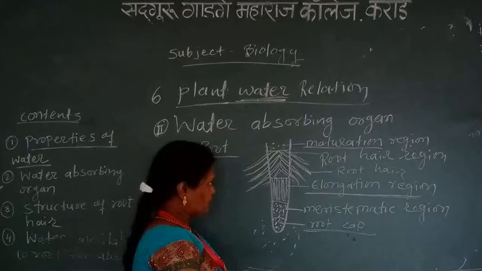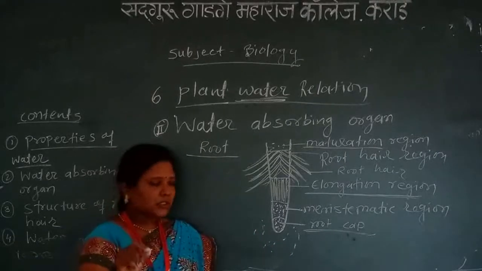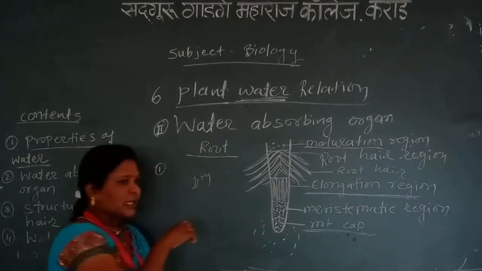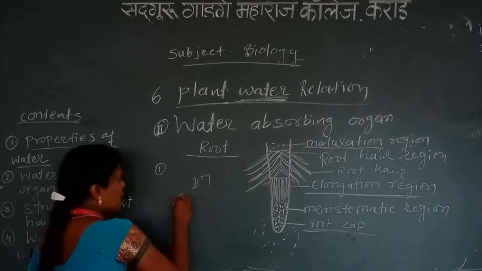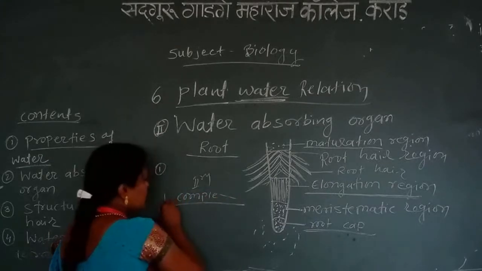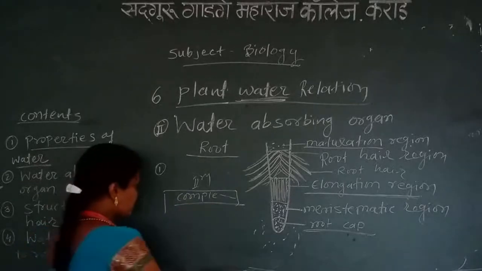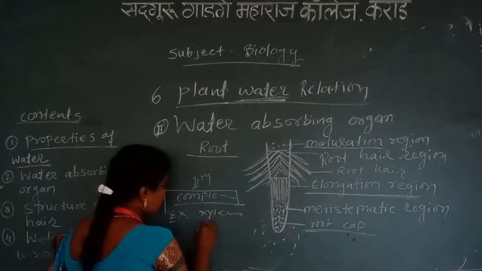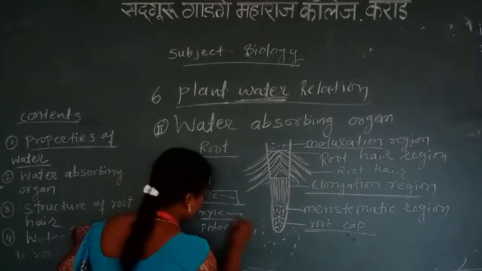These are the simple permanent tissues, and the other is secondary tissues, also complex permanent tissue. Examples are xylem and phloem.